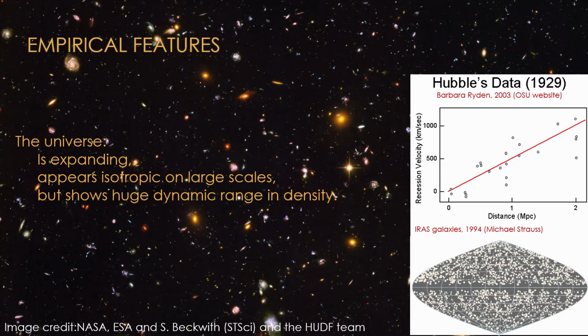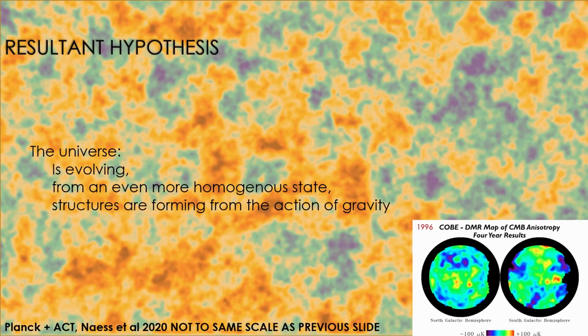That huge dynamic range would be that empty space has only a few atoms per cubic meter, and black holes have much higher density than that. So the hypothesis that one can draw from that is that the universe is evolving from an even more homogeneous state, and that structures are forming from the action of gravity. And these maps of the CMB, they're mapping that original, much more homogeneous state.